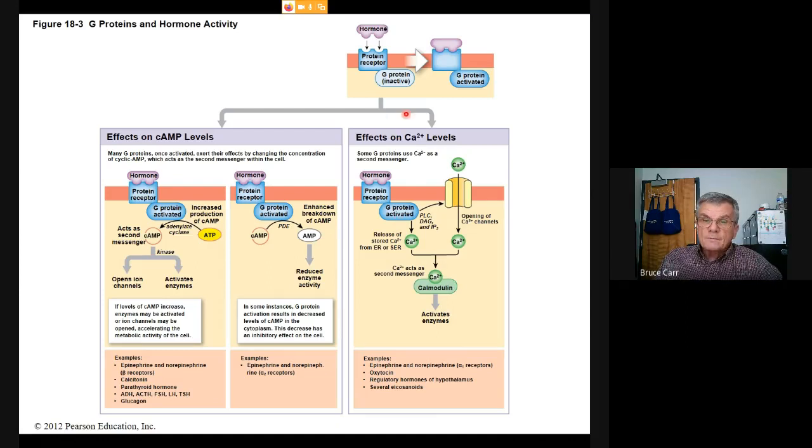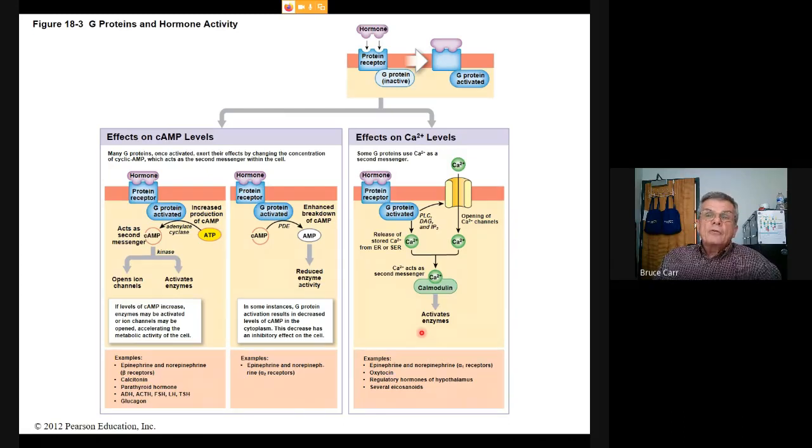If it's not cyclic, then that reduces enzyme activity and counters that energy production. Over here, for G protein effects on calcium levels, open those gates, get calcium into the cell. Calcium acts as a secondary messenger because calcium has to be present here, binding calmodulin, in order to activate enzymes. Now, these are the alpha-1 receptors for the epinephrine-norepinephrine system.